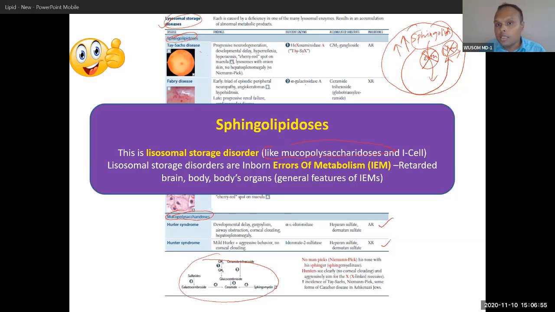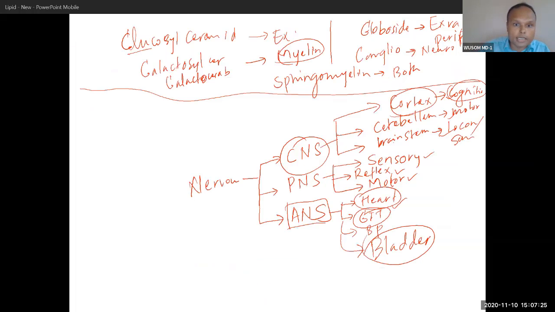So the cell will have a very high amount of old sphingolipid, but where sphingolipid is required it is deficient, because the cell already has a lot of old garbage which is not cleared, not recycled. Ultimately sphingolipid deficiency will happen, the opposite. This is the main pathogenesis of sphingolipidosis.